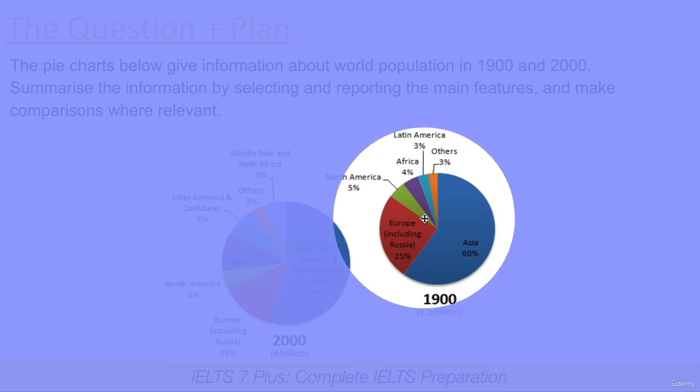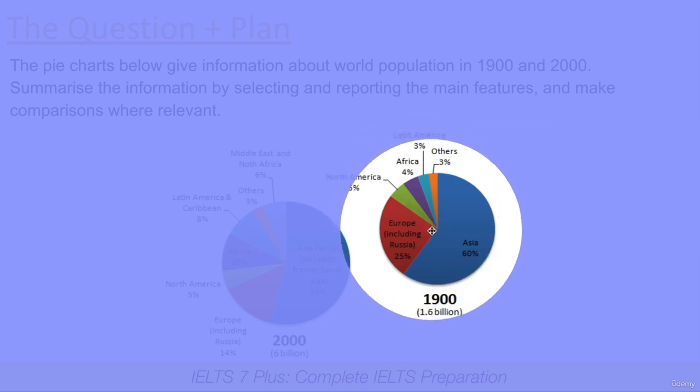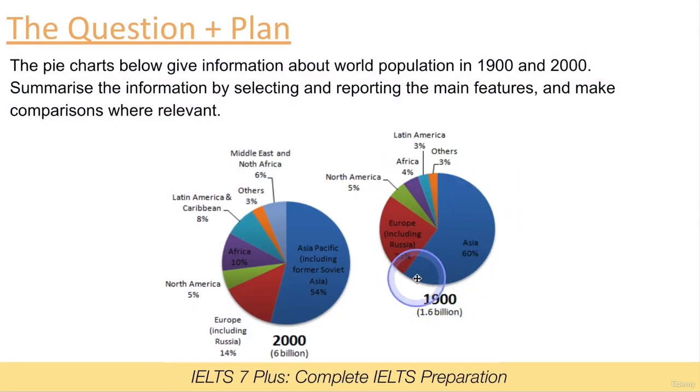The Asia category is the largest share by far, 60%, followed by Europe, 25%. Big gap there between those two. And the other categories have a lot less of the share, so they're smaller in their proportions here. So we have North America, Africa, Latin America, and others. Those are my initial thoughts on the 1900 pie chart.